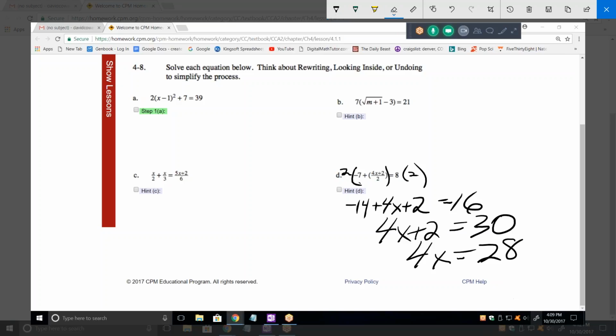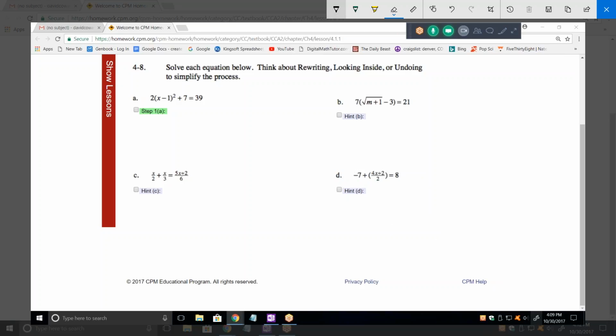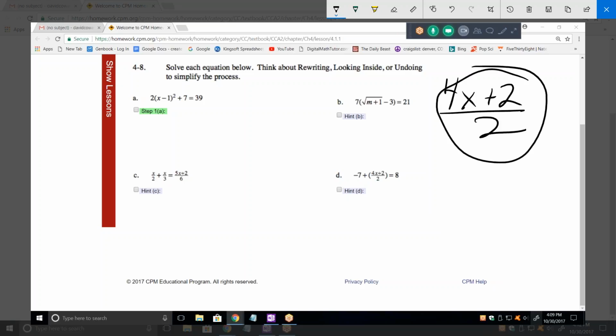And there is a third way that a lot of people would do. And notice what this is: 4x plus 2 divided by 2. How can I simplify that all on its own? 2x plus 1?